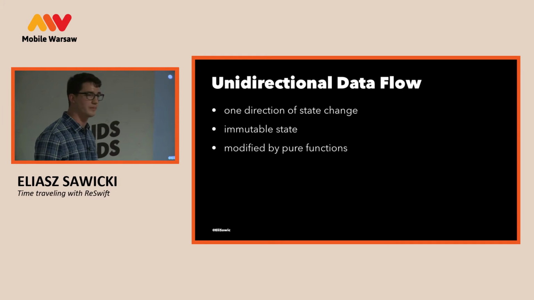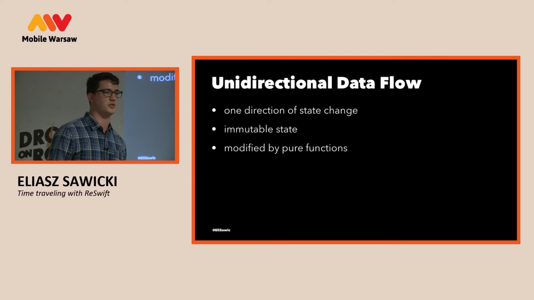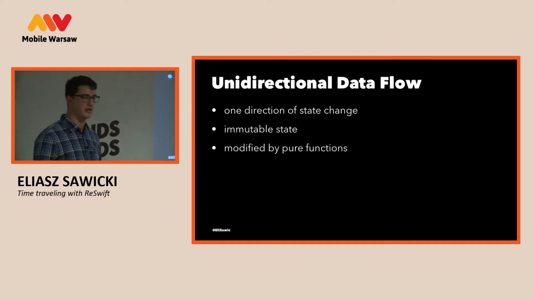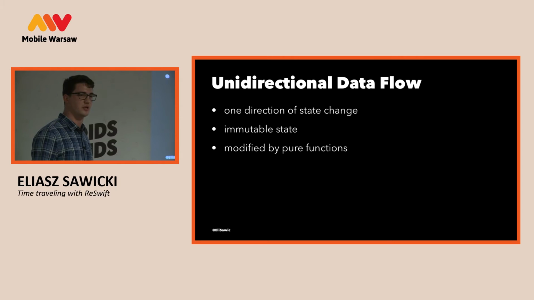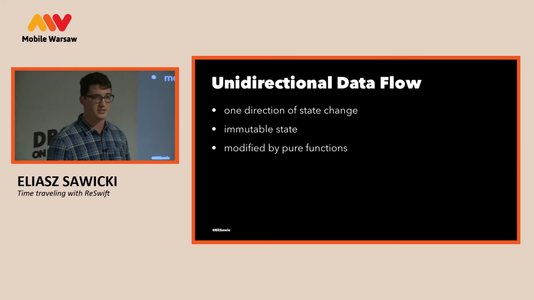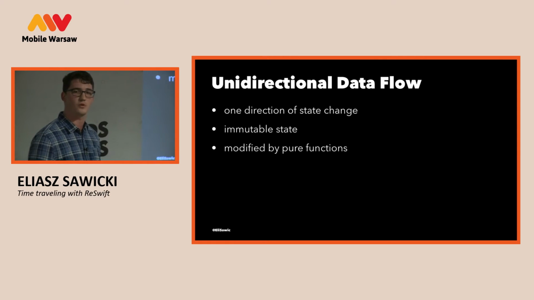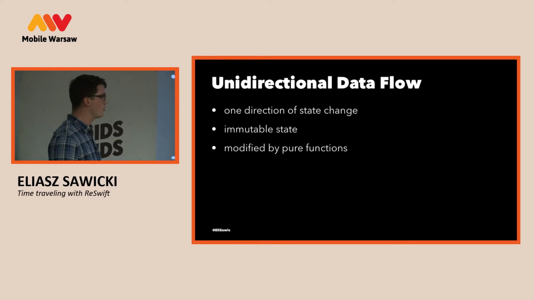You create a new one. And modified by pure functions means you use something that takes an input and returns some output, and you don't have any other variables that may change that. So it's pretty easy to test. It's really deterministic, because when you're working with Redux, you certainly know what to expect out of that.